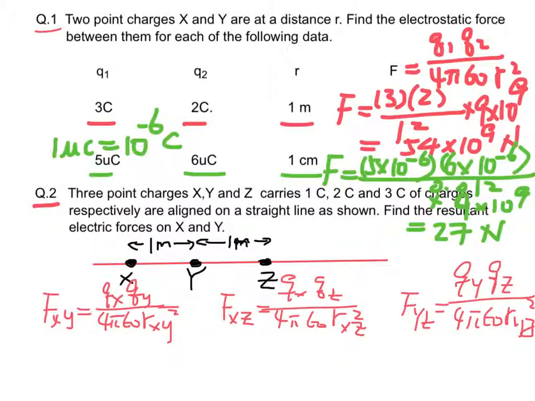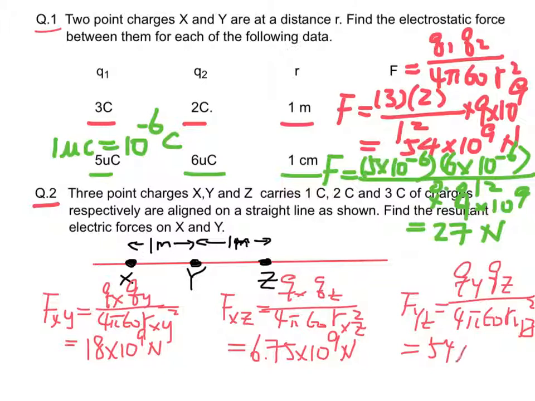Therefore, Fxy equal to 18 times 10 to the power 9 Newton, force between xz equal to 6.75 times 10 to the power 9 Newton, and force between yz is 54 times 10 to the power 9 Newton.